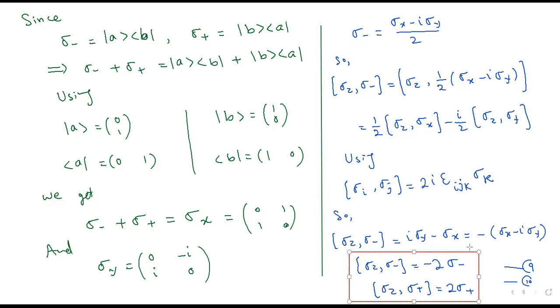So let's see how we can do this one. Now we have to calculate a term like this: exponential of iota omega z by 2 t, sigma positive, exponential of minus iota sigma z by 2 t. Basically we have to calculate this.